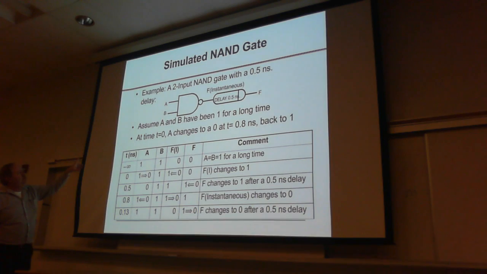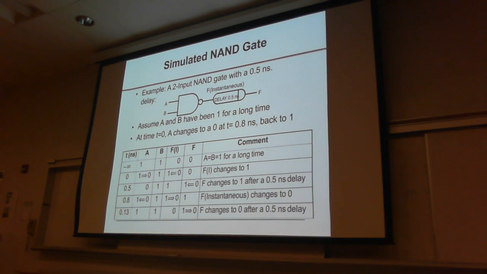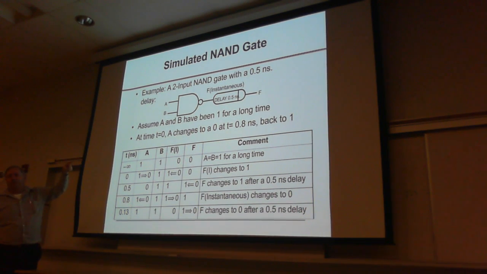So assume, in this setup example here, that both A and B, the two inputs, have been 1. And they've been 1 for a long time, meaning longer than whatever time interval our delta t is for our circuits, okay? So that's sort of our setup, our initial condition. They've both been 1 long enough that a 1 and a 1 on an input is going to drive F to be what? A and B are 1.